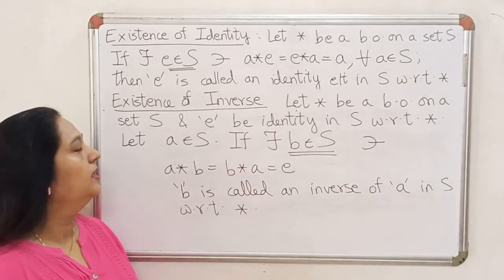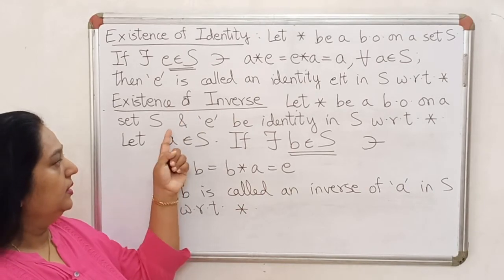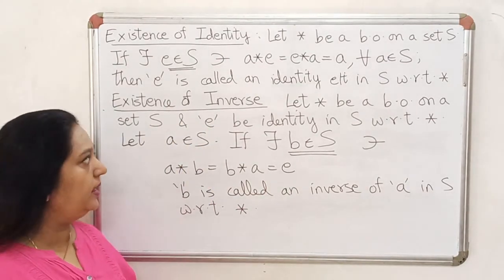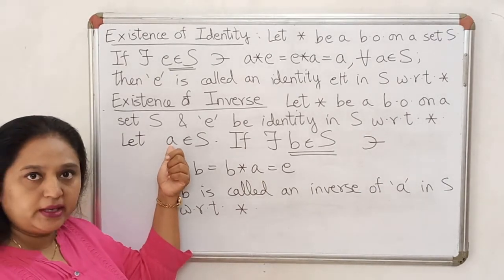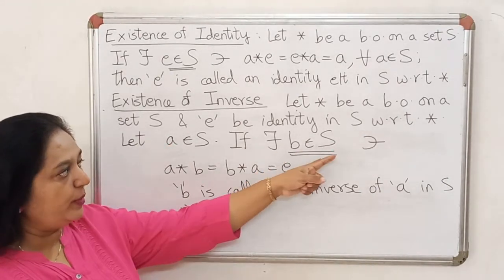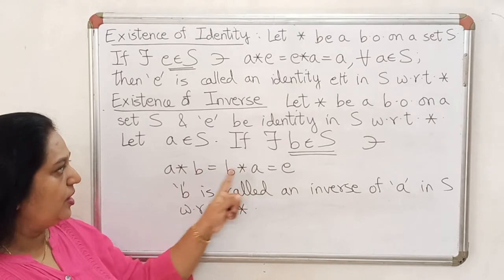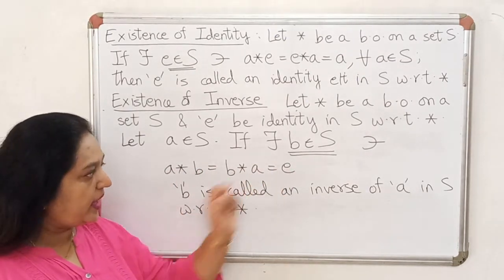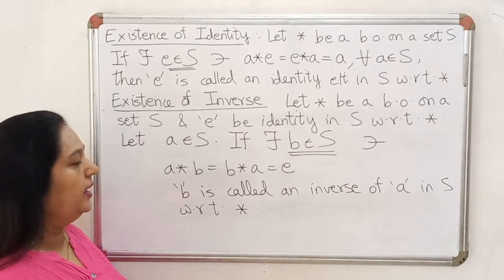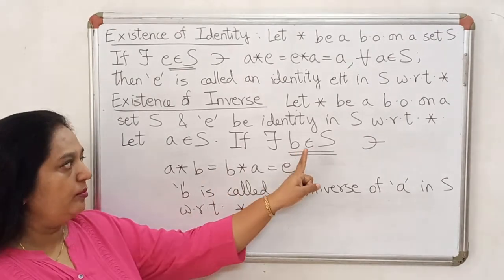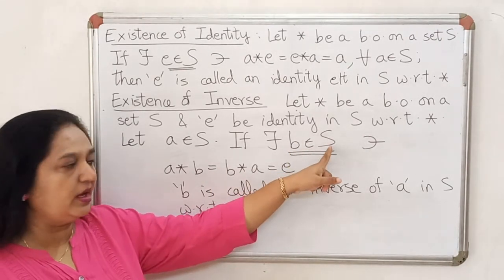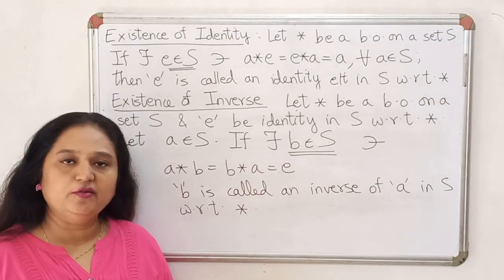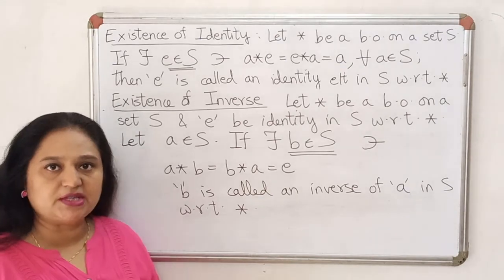So firstly, make sure before you talk about inverse that the set has an identity, and then for a particular element A, if I can find an element B which satisfies both the equations, A star B should be the identity, B star A also should be the identity, and finally and more importantly, B should be an element of the same set, then B will be called an inverse of A with respect to star.